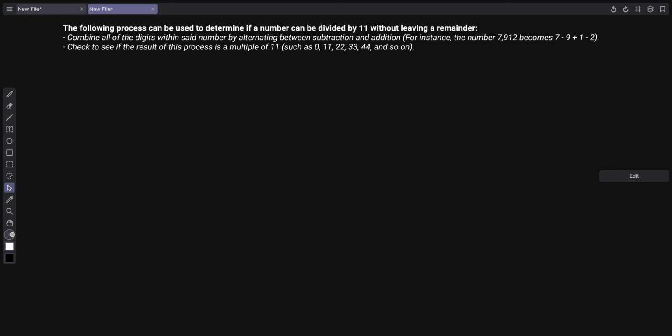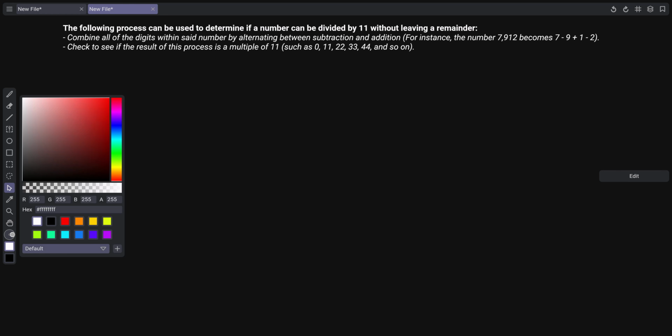The process we would use to determine this is to first combine all of the digits within the number by alternating between subtraction and addition, and then check to see if the result is a multiple of 11. Keep in mind that this would also include 0. If you're a little confused, don't worry, we are going to go through this process right now.